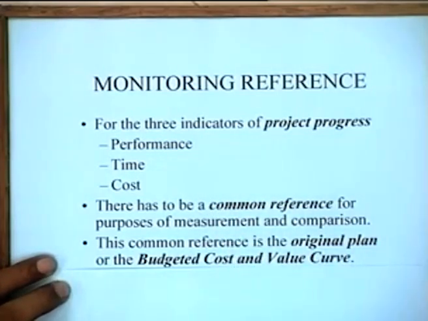Whether it is an early start schedule, a late start schedule or any schedule in between, that serves as a common reference, and this is used for finding out how the project is performing as you keep going on. So that is the important yardstick.